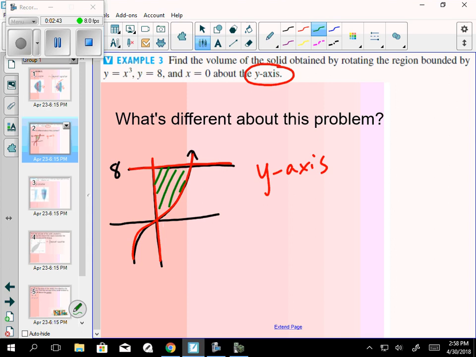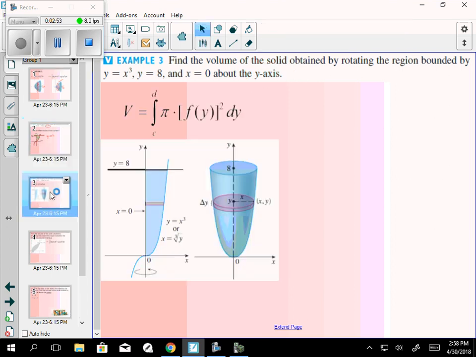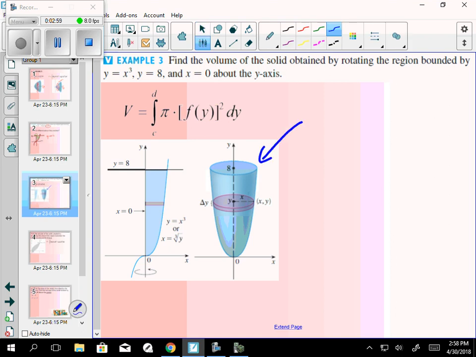We don't want to rotate this around the x-axis, we want to now rotate it around the y-axis. And in doing that, what we're going to get is a figure that looks something like the one shown here. So if we're going around the y-axis, that changes stuff a little bit, because now our cylinder is going the other way, our cylinder disc.